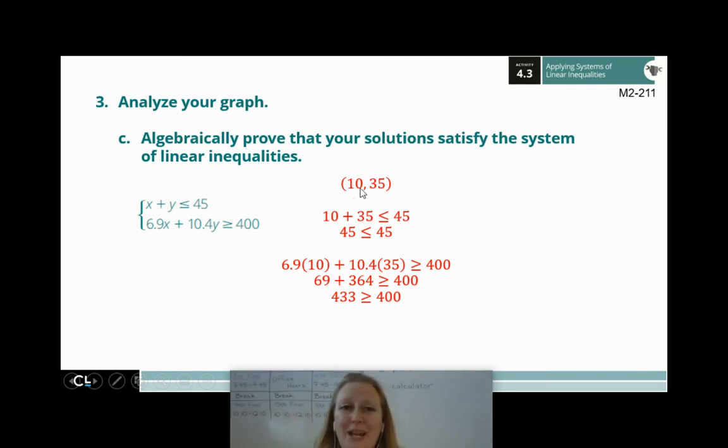Let's check the other one that I picked. Again, you probably picked a different one. Use your numbers. So my other solution that I picked was (7, 36). So instead of x plus y, I'll say 7 plus 36. 7 plus 36 is 43, so that is less than or equal to 45. Good job, us. And let's check the other inequality.